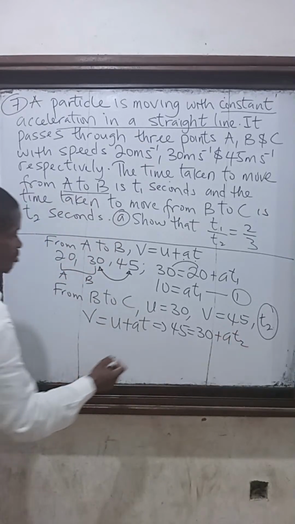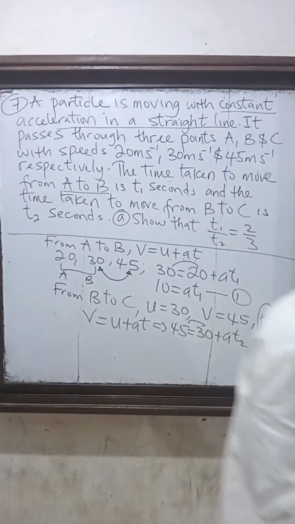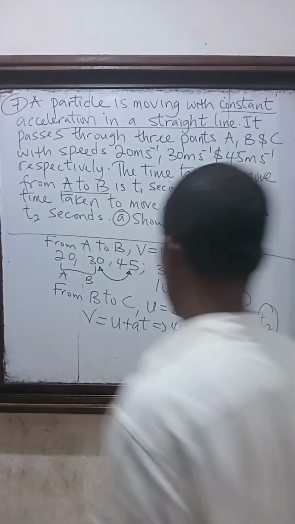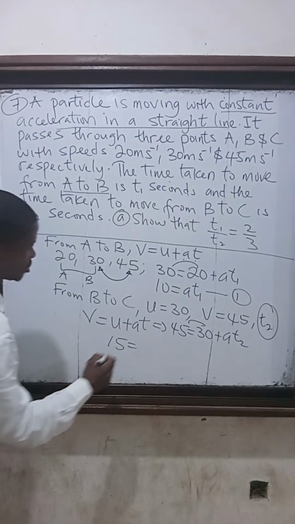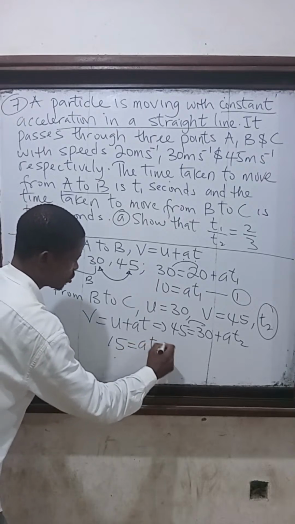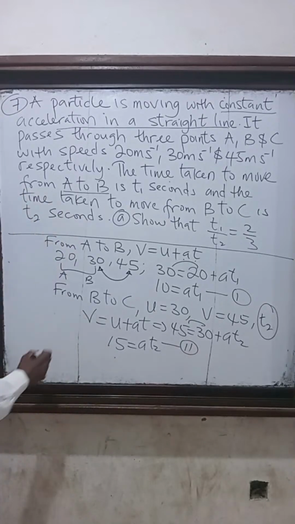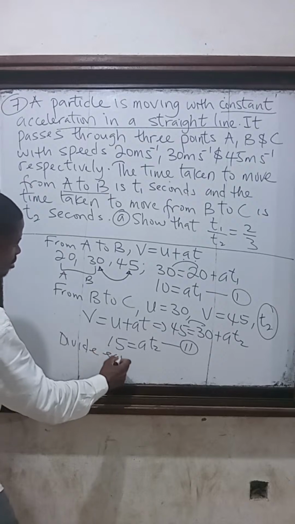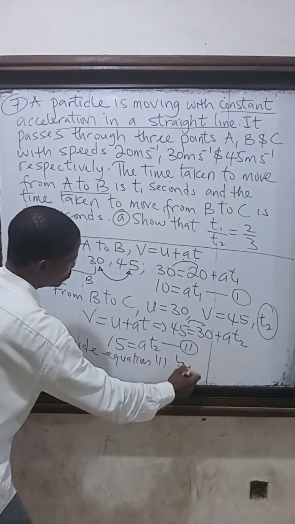Then move this one to this side. Then we have 15 equal to 82. Call this one equation 2. Okay, so then divide equation 1 by 2.